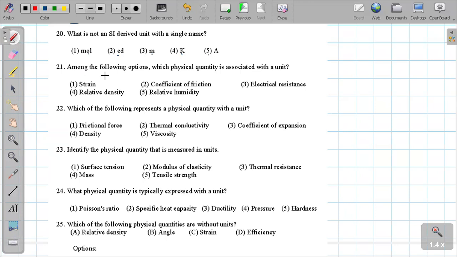Now, the problem is you have no idea about what strain is. Even 2026 students don't have an idea about that. 2025 students just recently got to know about that.